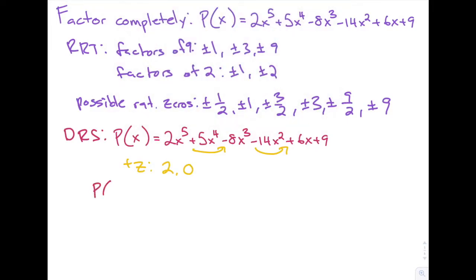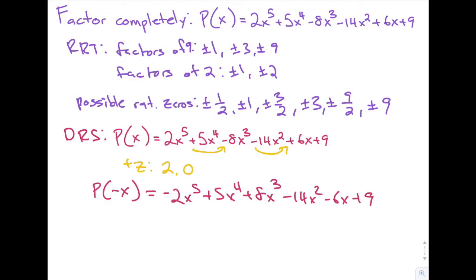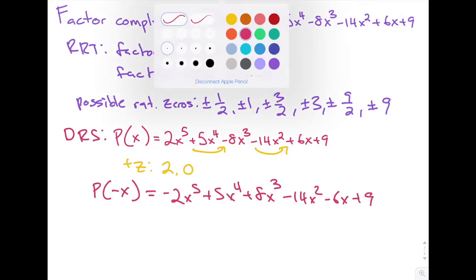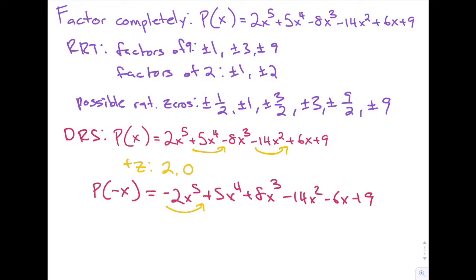Now if we plug in p of negative x, we should have negative 2x to the 5th plus 5x to the fourth plus 8x cubed minus 14x squared minus 6x plus 9. Now we have one sign change, two sign changes, and three sign changes.